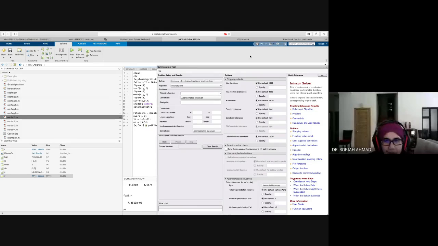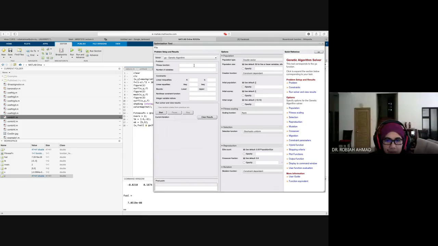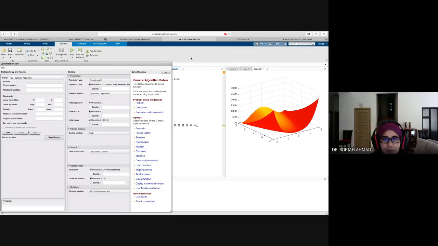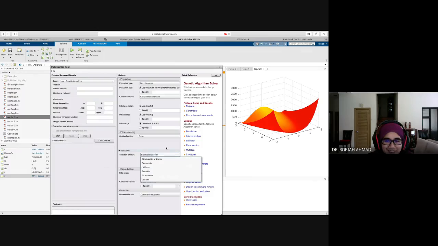This is the answer. So now let us try using solver. Fitness function. I want to copy, but it is very difficult. Never mind.